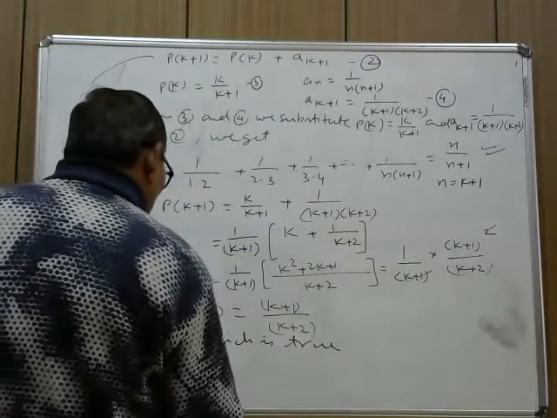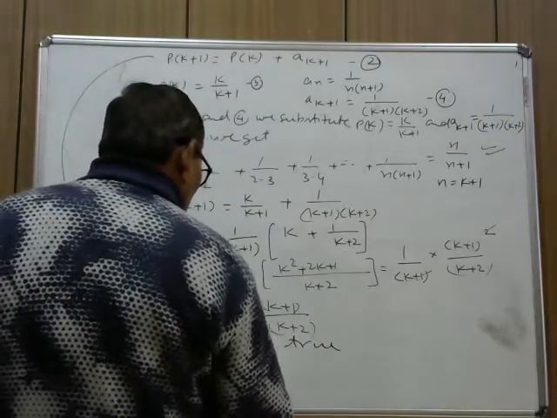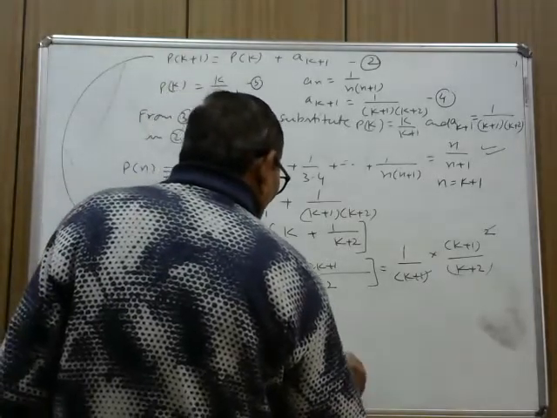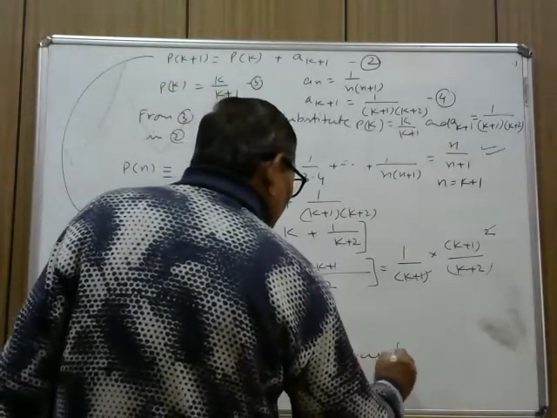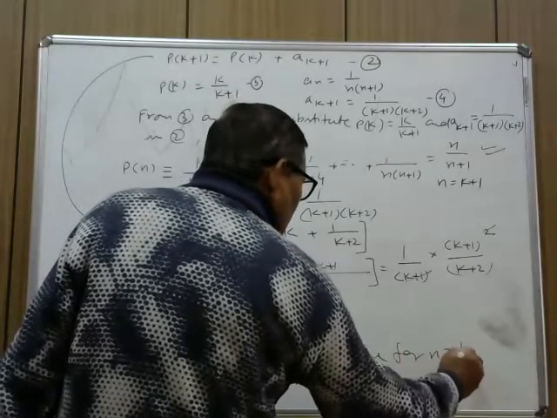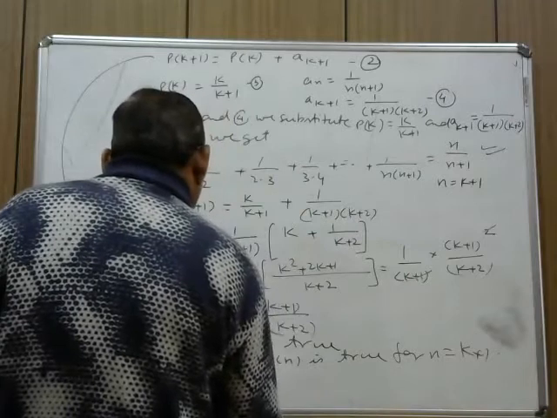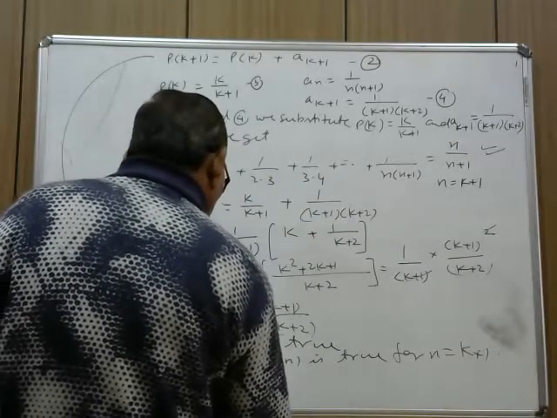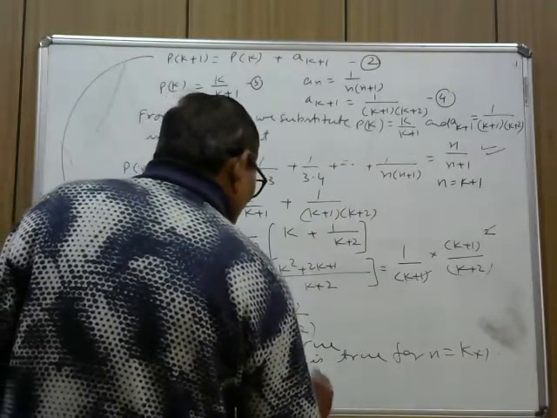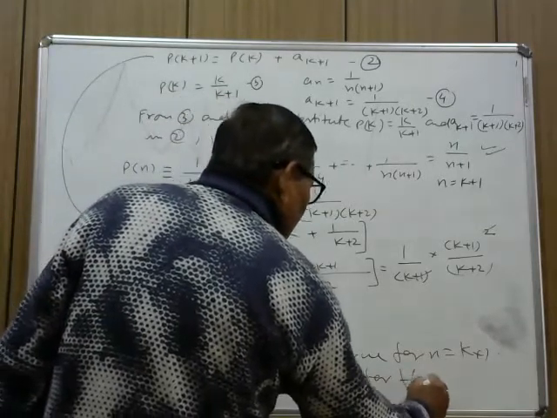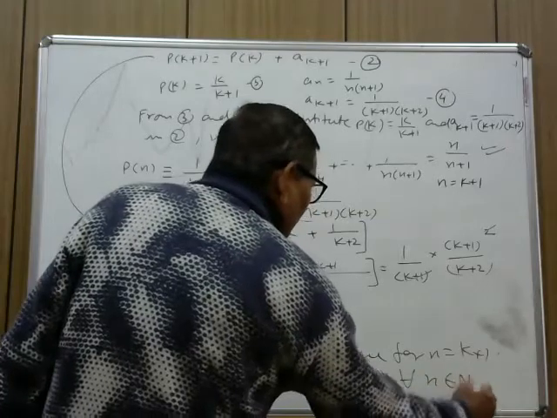Therefore, Pn is true for n equals to k plus 1. Hence, Pn is true for each n belongs to N.